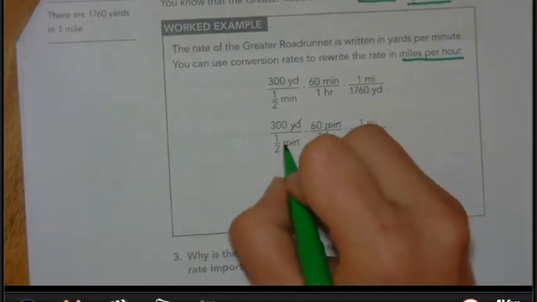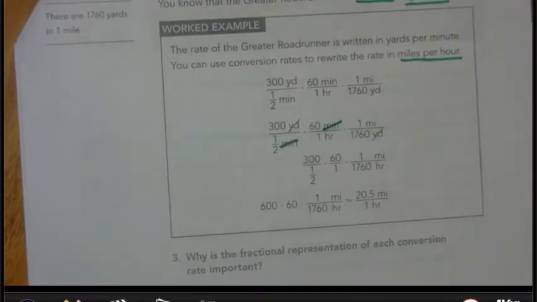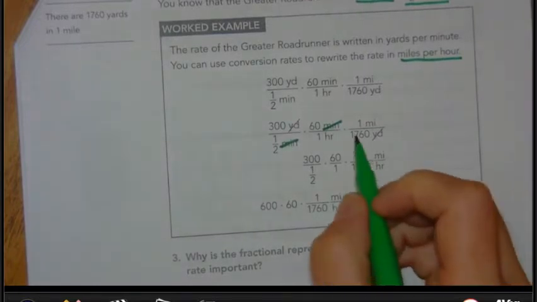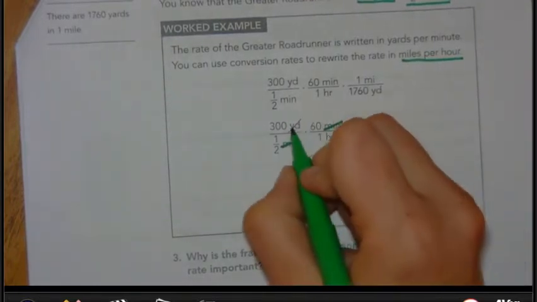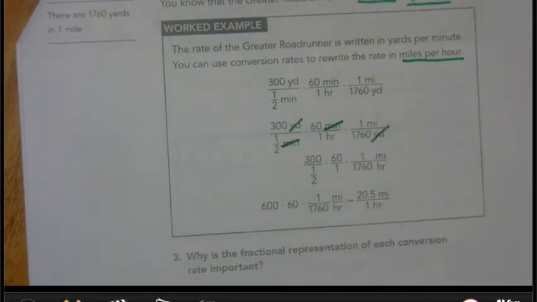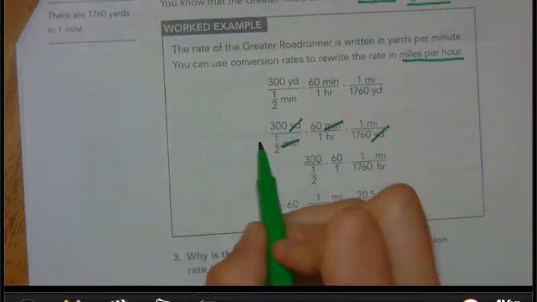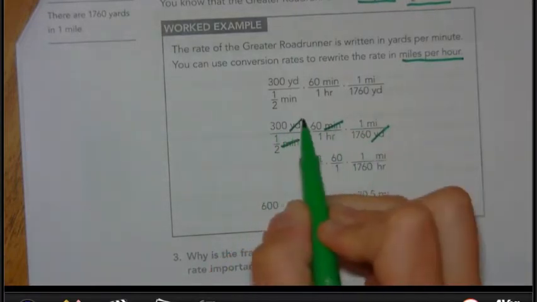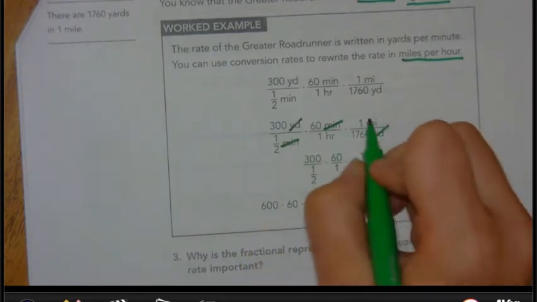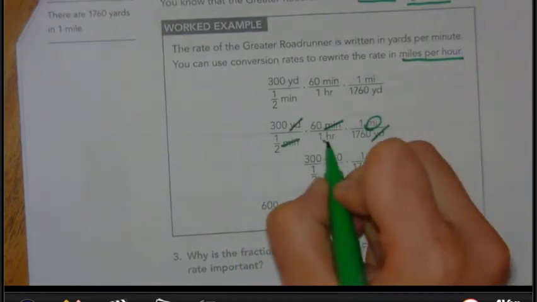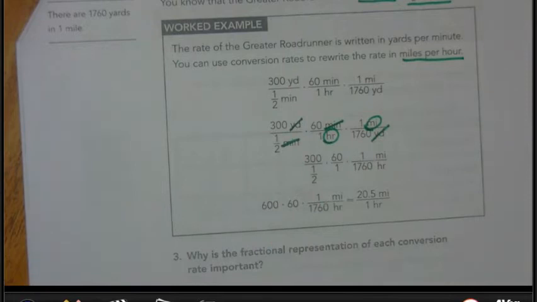If you notice right here, when they cross out minute on top and minute on bottom, it is the same thing. If I have minute on top and minute on bottom, they cancel out, and so do the yards. Okay, yards on top and yards on bottom, they will both cancel each other out, to where when I multiply all of my fractions straight across, I'm going to be left with miles on top and then hours on bottom.